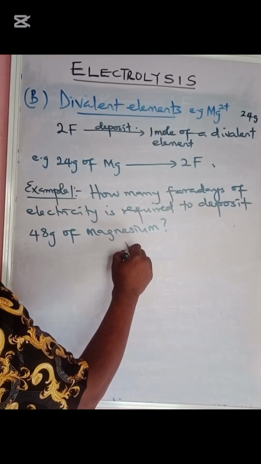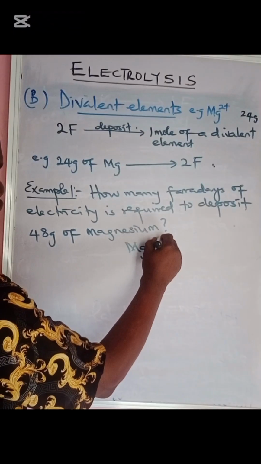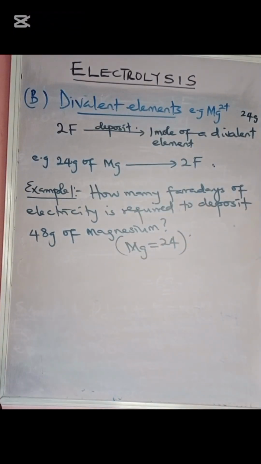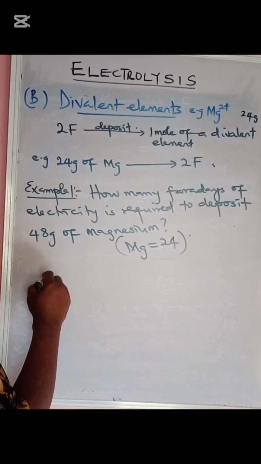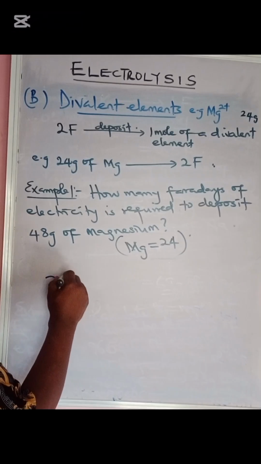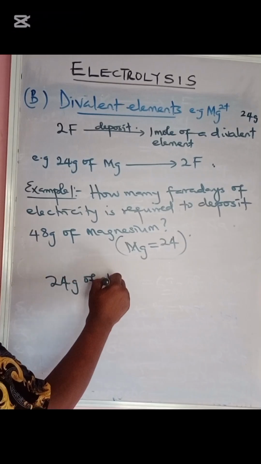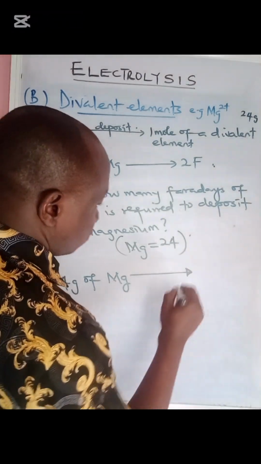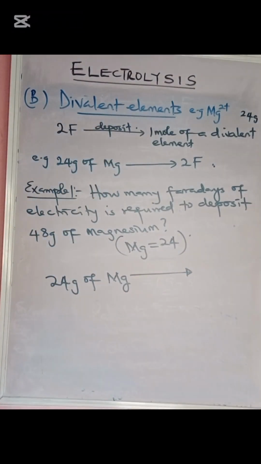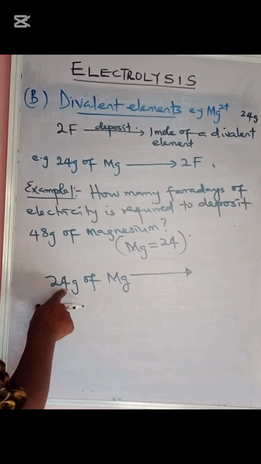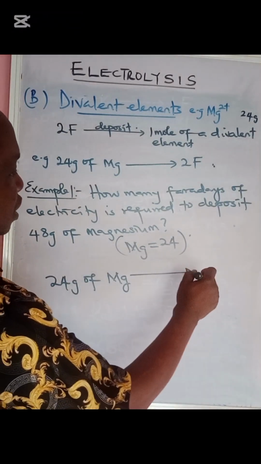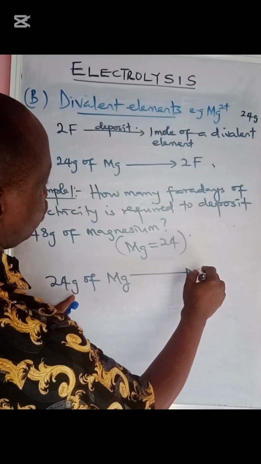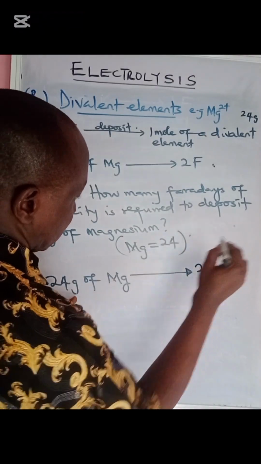Take magnesium mass number to be 24. So from our equation, 24 grams of magnesium will require 1 mole, which is equivalent to 2 Faraday.